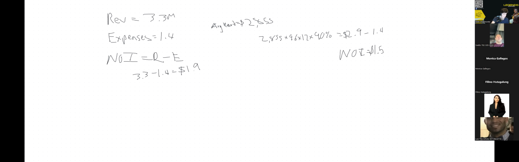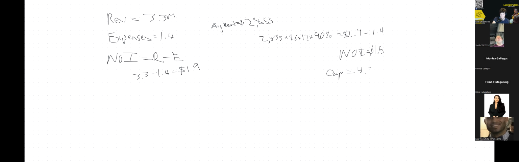Now that we have the NOI, we can calculate the purchase price, or what we should buy it at. I did some research, and for Class A multifamily in DC, the cap rate is about 4.5 to 4.85, or 4.75 to 4.85. We're just going to use 4.75% as our cap because that's the low end.